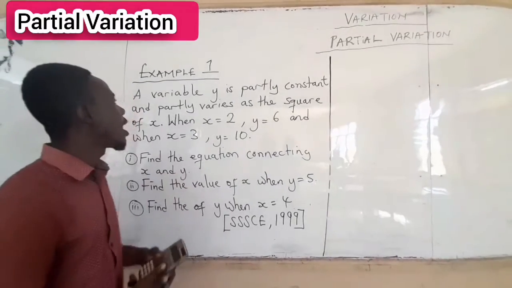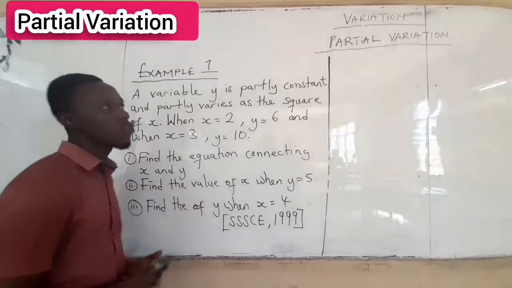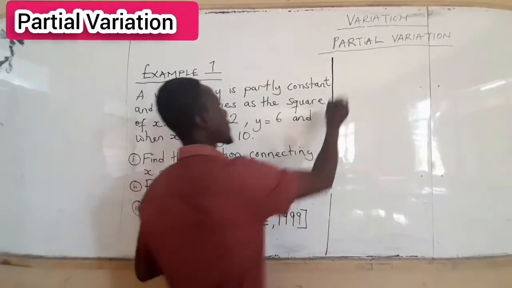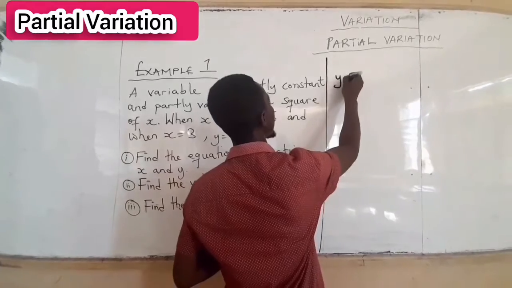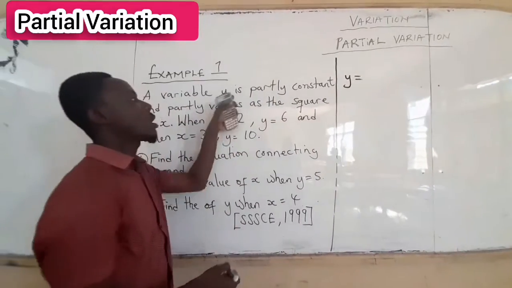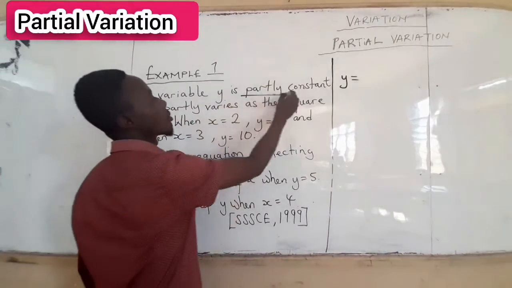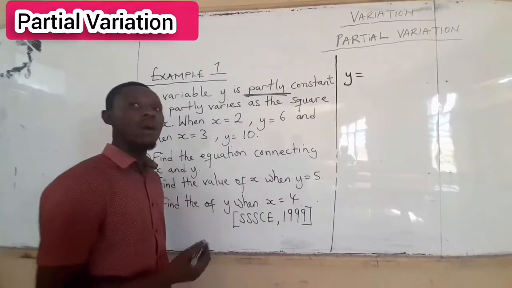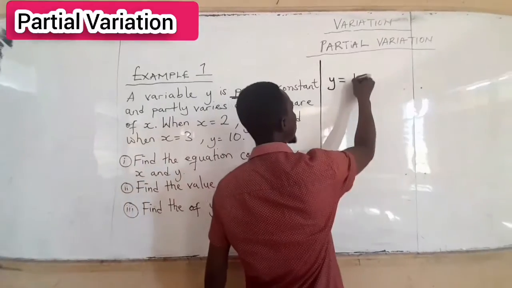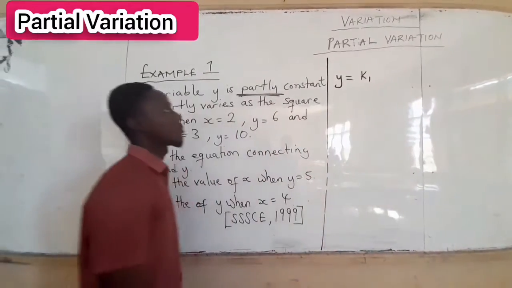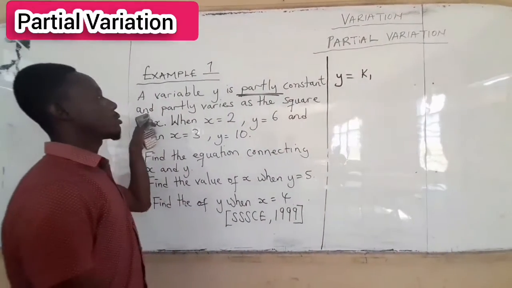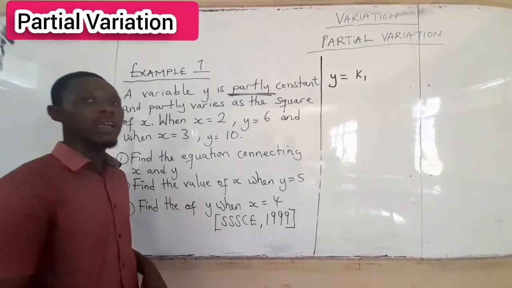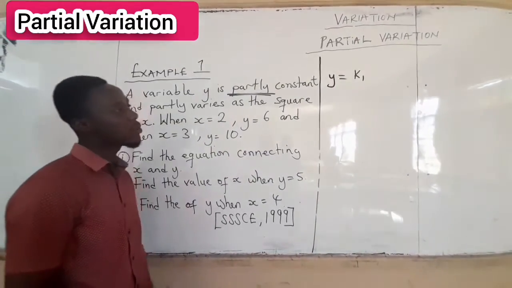It says that a variable y is partly a constant. That means we have to introduce our first constant. Let's call it k1. And partly, that means there is another constant that we have to introduce.